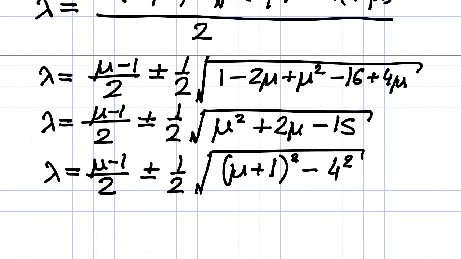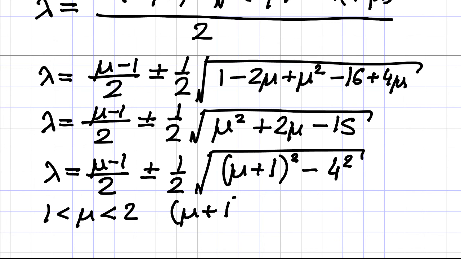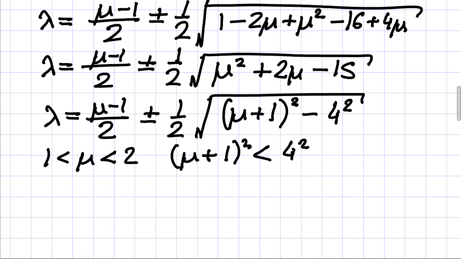And remember, we've got 1 less than μ less than 2, which means that (μ + 1)² is going to be less than 4², which means our square root is going to be negative. And so the stability of the system is going to depend on the real part.